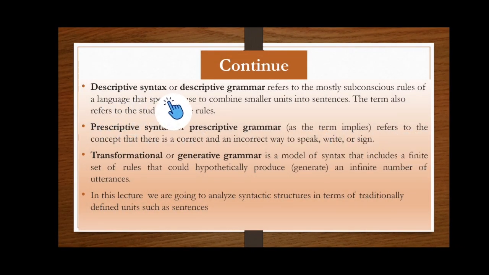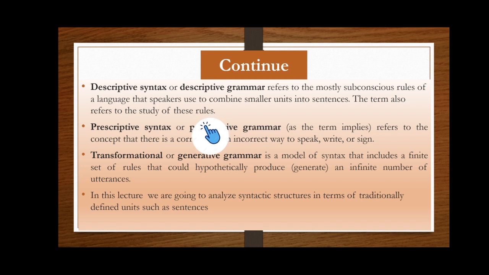Now, descriptive syntax or descriptive grammar refers to the mostly subconscious rules of a language that speakers use to combine smaller units into sentences. The term also refers to the study of these rules. So here we also study the rules. How do we study the rules?